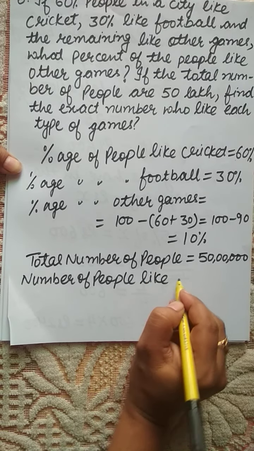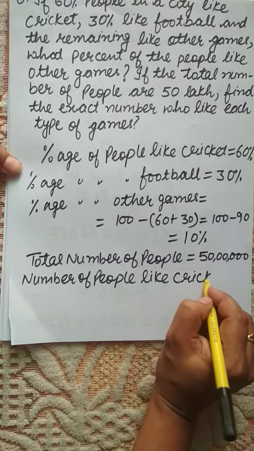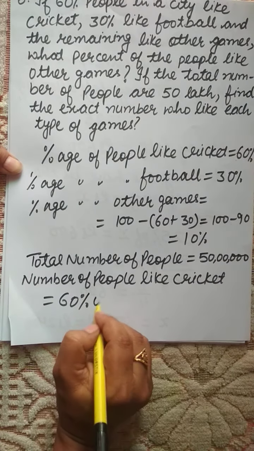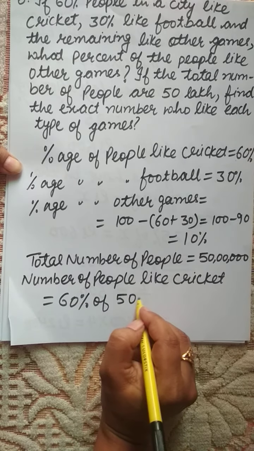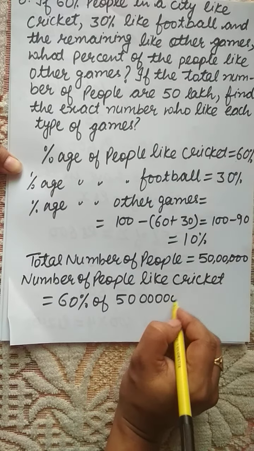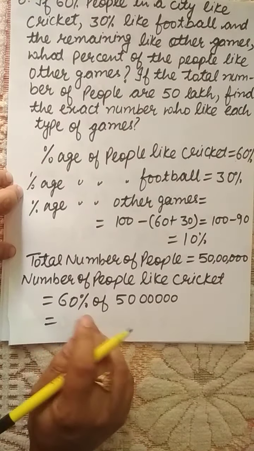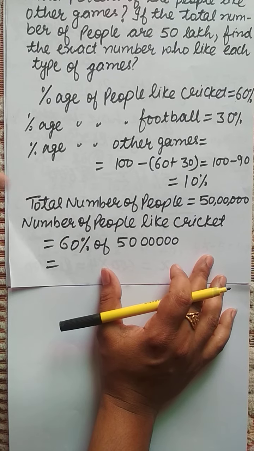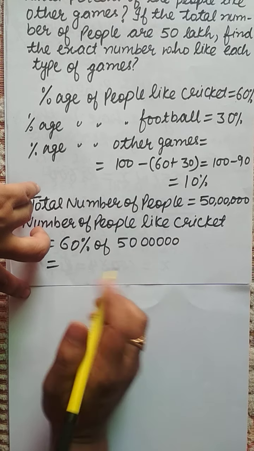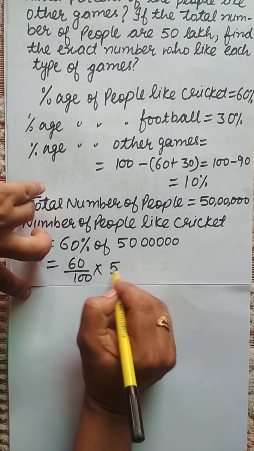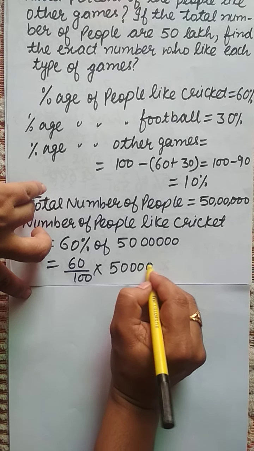So the next one is the number of people who like cricket. It will be equal to 60% of 50 lakh. That is equal to, it can be written as 60 upon 100 multiplied by 50 lakh.